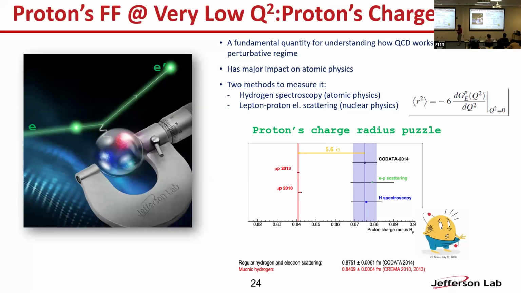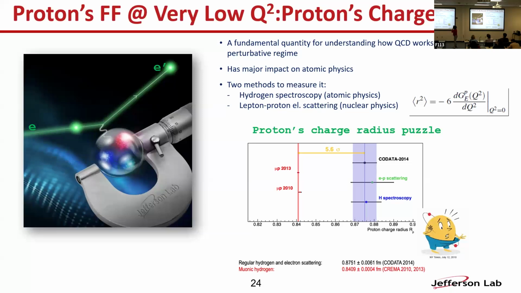In 2010, and then repeated in 2013, they made a spectroscopy measurement, but not using hydrogen with an electron. They used hydrogen where the electron was replaced with a muon. A muon is much heavier than the electron, so it is closer to the proton.